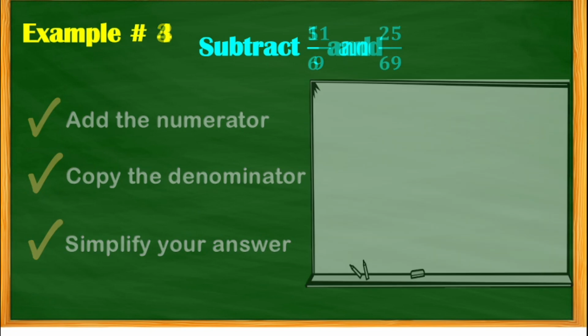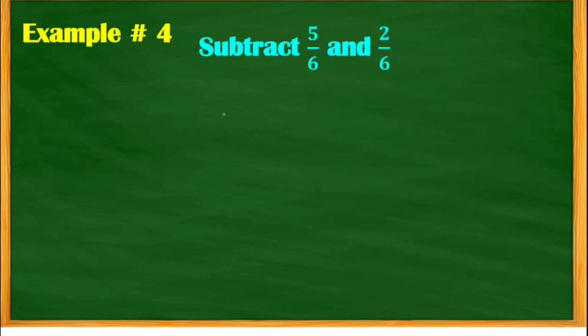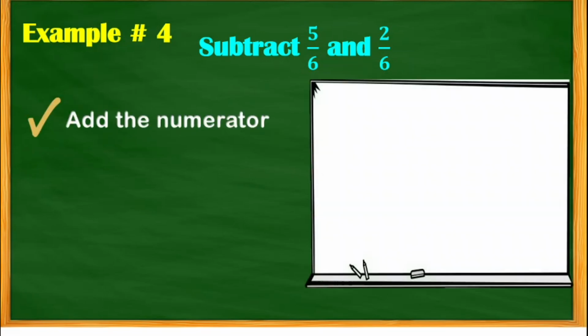Okay, next, example number 4. Again, we're going to subtract 5/6 and 2/6. So again, we're going to subtract rather than add. So 5/6 subtracted by 2/6.